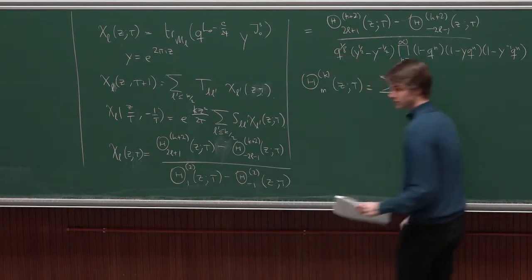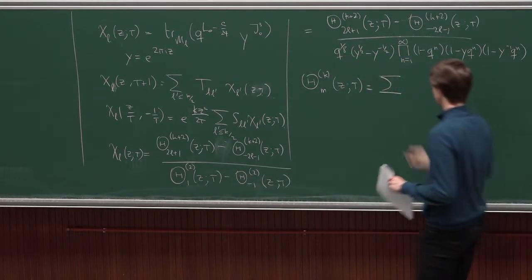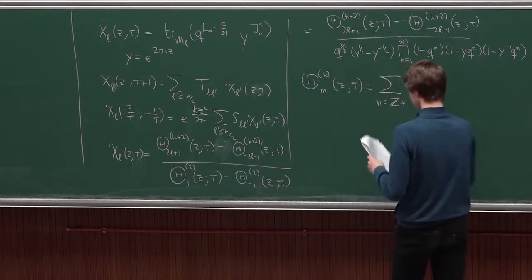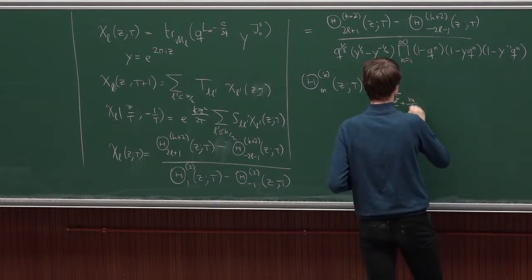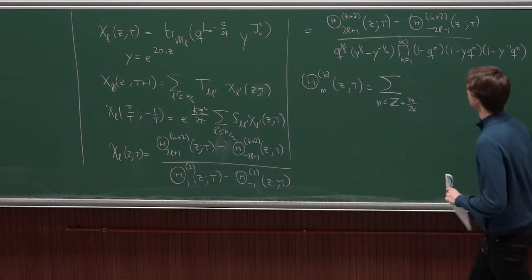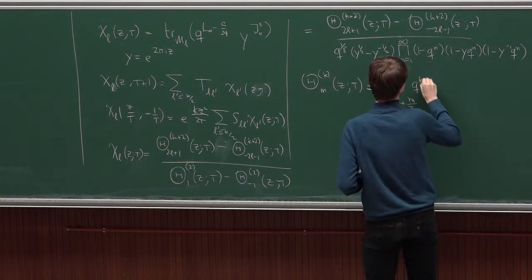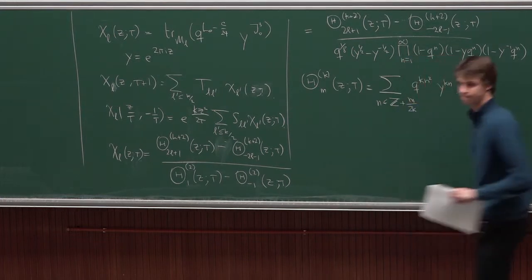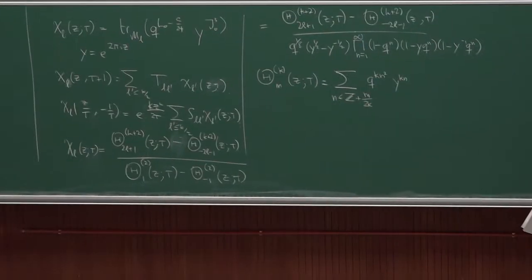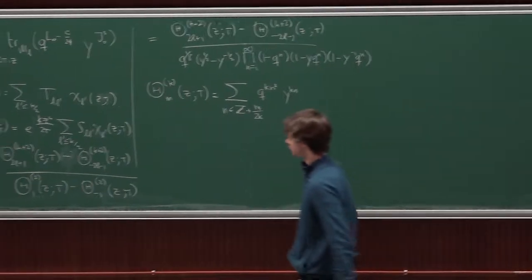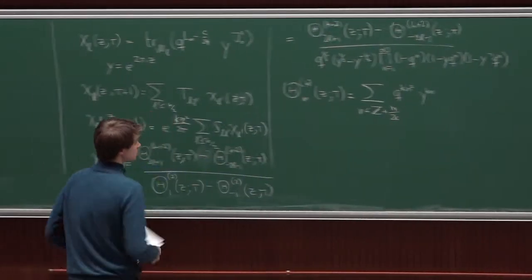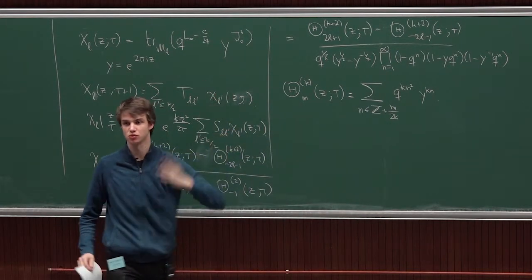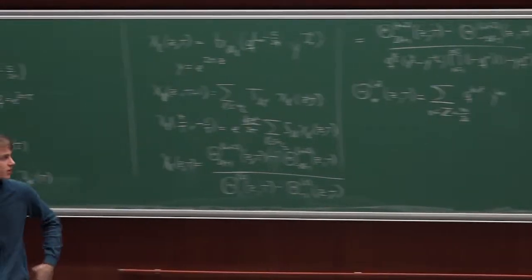And this is a theta function, some level k theta function, and consists of summing over all integers shifted by this argument m, and here you put k n squared y k n. Okay? So you see it's something you can relatively easily compute. You put it in, you expand it to whatever order you want, and you see your character.